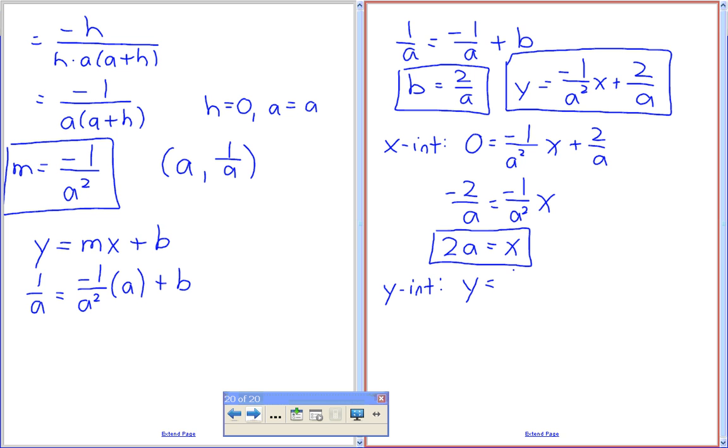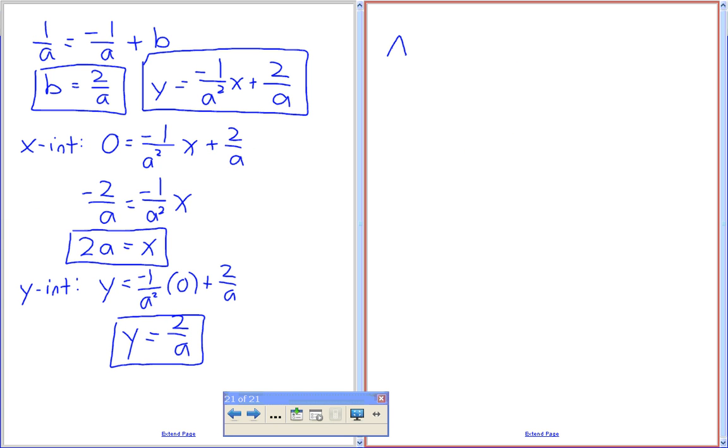Y equals negative 1 over a squared times 0 plus 2 over a. Y equals 2 over a. My area equals x times y over 2, equals 2a times 2 over a divided by 2, equals 2.